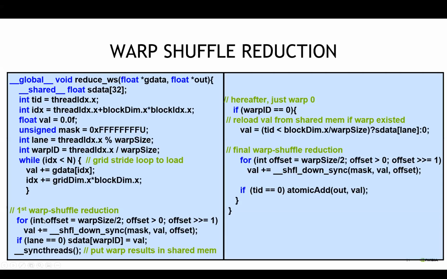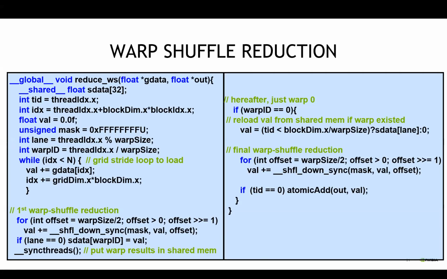Once we're done with our sweep reduction, which is just this very simple for loop with one statement, we have to say: if I am lane 0, in other words, if I am the lane that has accumulated the partial sum for my entire warp, now I'm going to use shared memory, and I'm going to put my value into shared memory at an index corresponding to my warp ID.